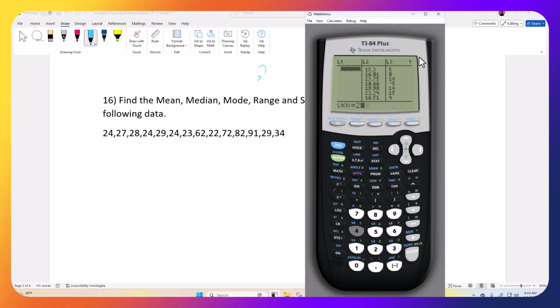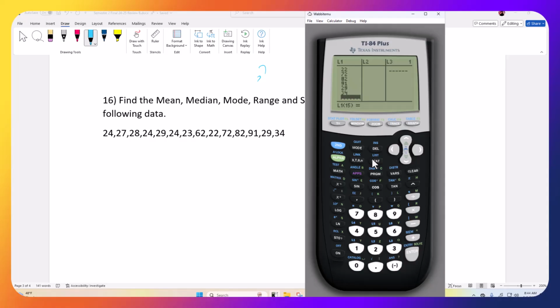So we'll start with 24, 27, 28, 24, 29, 24, 23, 62, 22, 72, 82, 91, 29, 34.